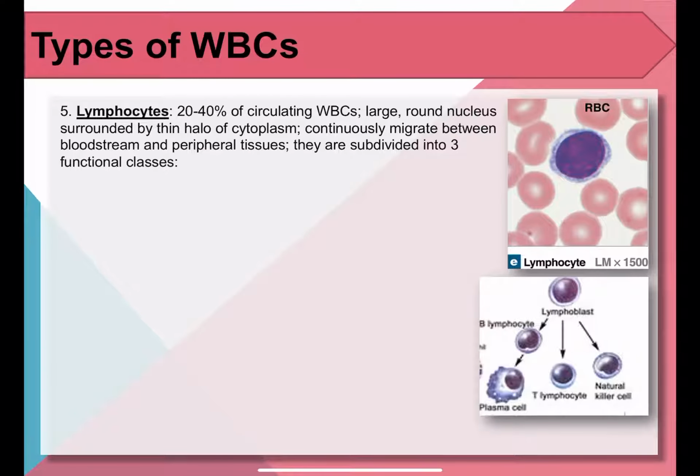Okay, and last but not least, the second most abundant type of white blood cell is called lymphocytes. Lymphocytes are the smallest of all white blood cells. If you compare again with red blood cell size, they are almost the same size as a red blood cell.